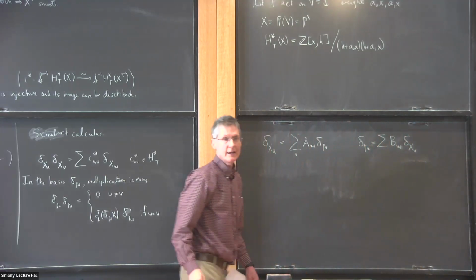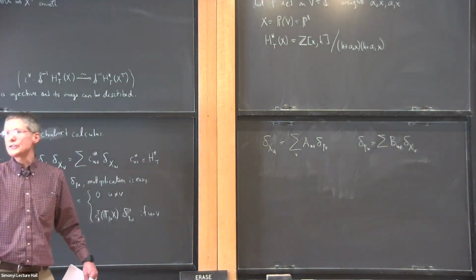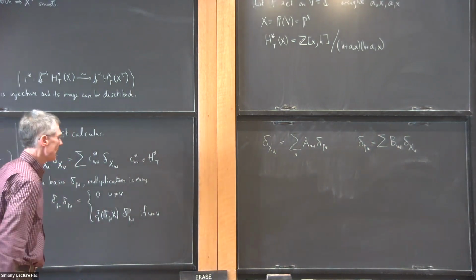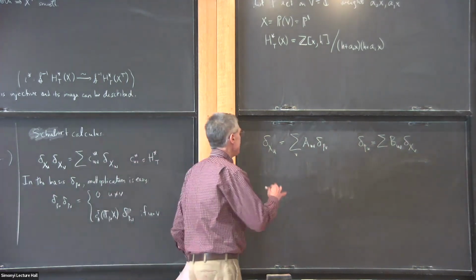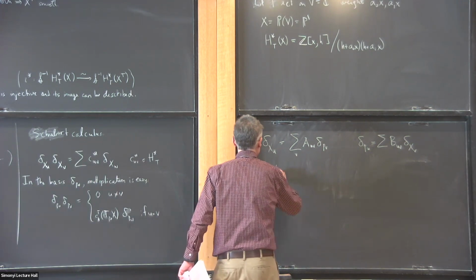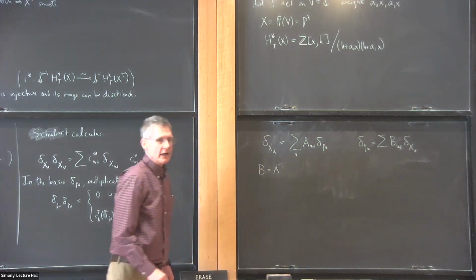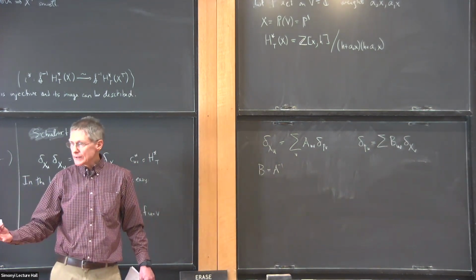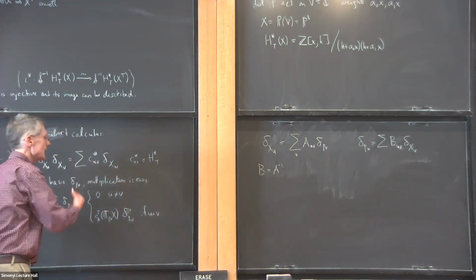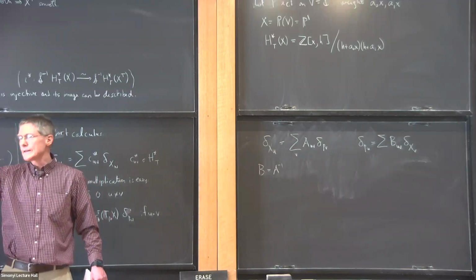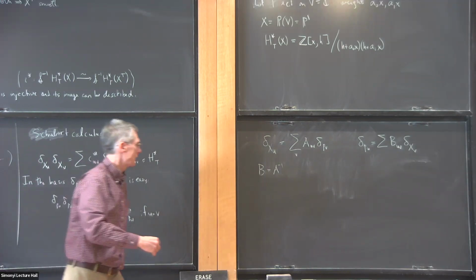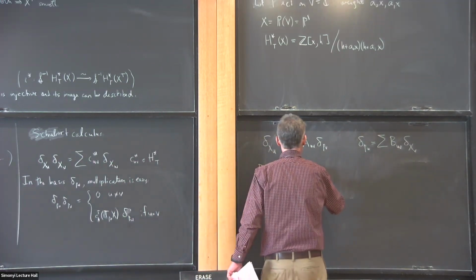And the a's and b's are now rational functions. They're not polynomials, but they're functions in the ground ring. And so here the B matrix is just the inverse of the A matrix here. Now, if I can compute the A matrix and the B matrix, then I can compute the Schubert structure constants C U V W, because I just convert my elements to the PWs, multiply there, and then convert back to the XWs.